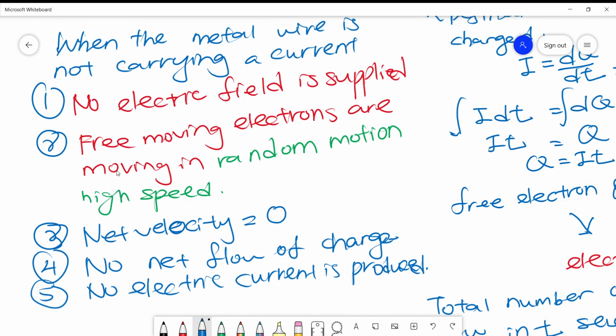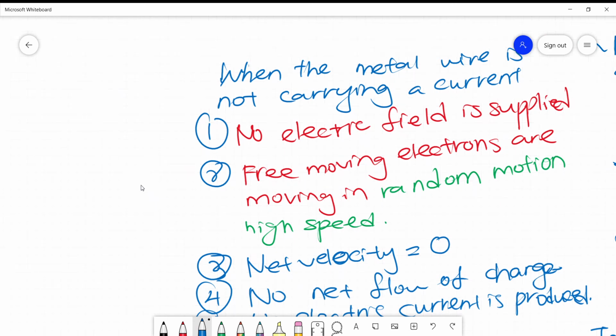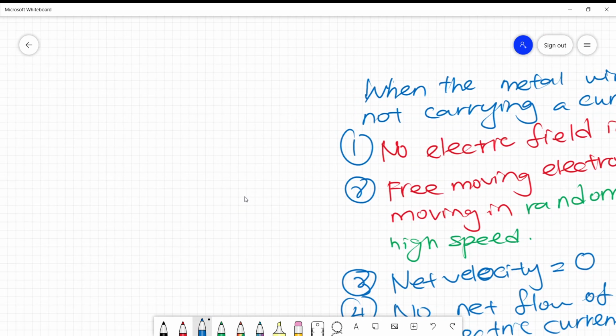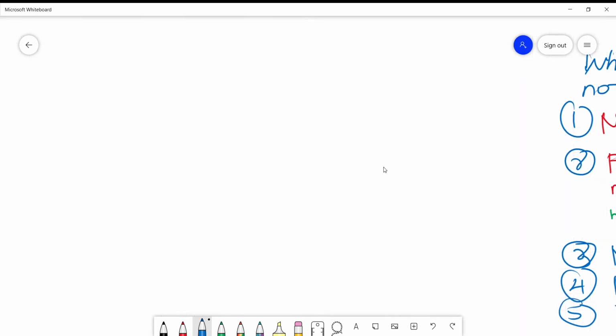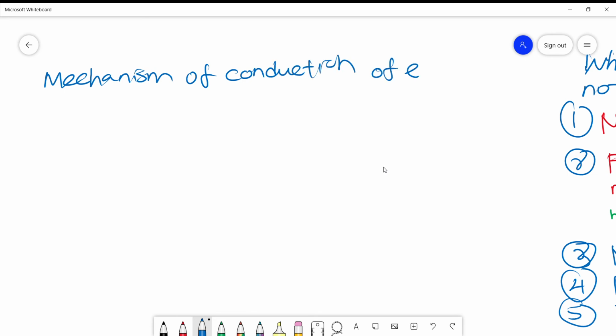Hence we are going to talk about the mechanism of conduction of electricity in metals.